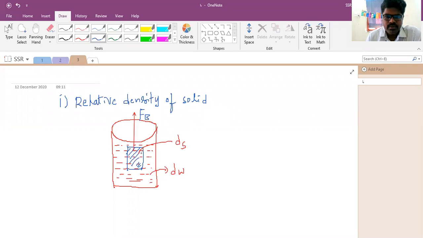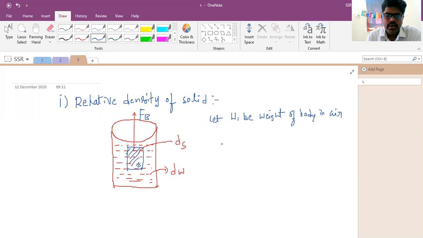So let us define, let W1 be the weight of the body in air medium. That means if we measure weight outside water, in air, then that is W1, the weight of the body in air.